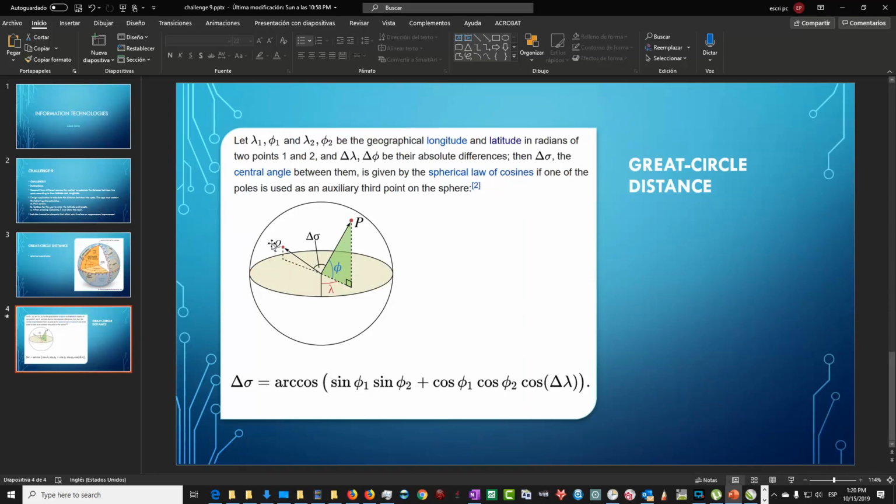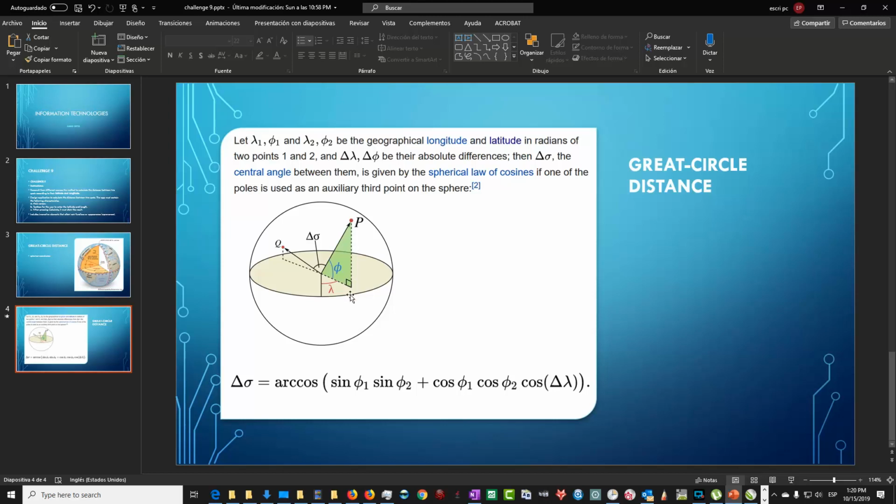As you can see, we have here the sphere, we have the P point and the Q point, and each of these points has a longitude specified by λ1 and λ2. Yes, and also these points have a latitude specified by Phi1 and Phi2. So this is the data that the user needs to insert into your app.